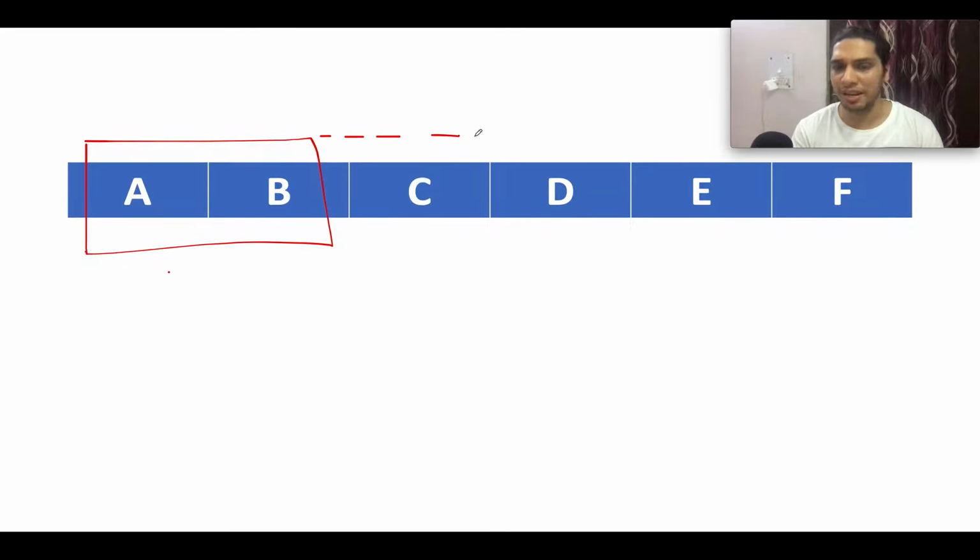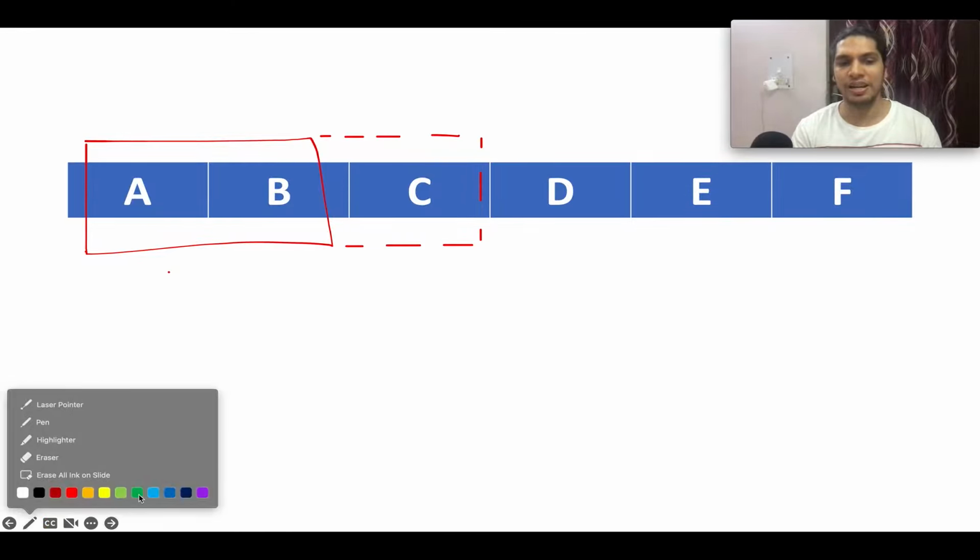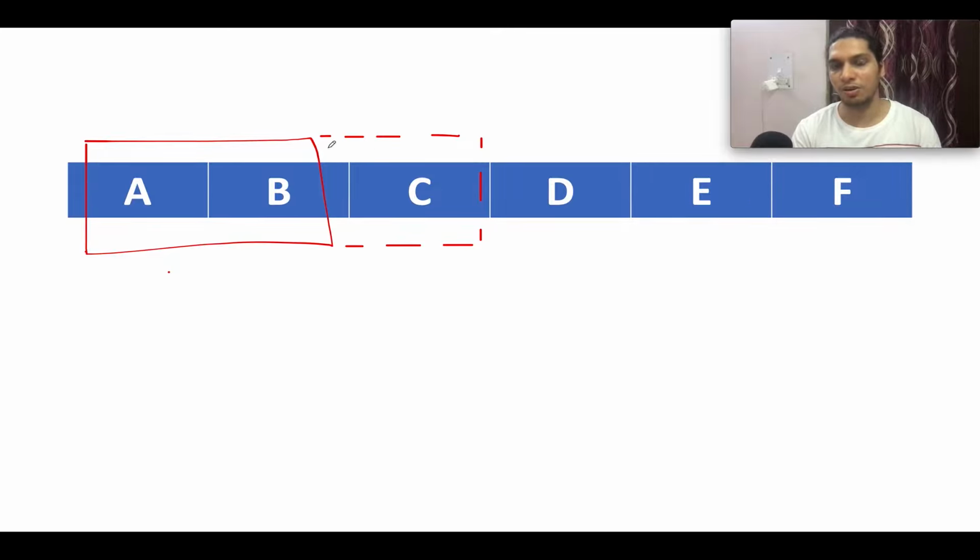We make C inclusive of the sliding window, and we check whether this C element can be part of that sliding window. So let's consider a happy case wherein C, when included as part of that sliding window, is a good case and it satisfies the condition appropriately.